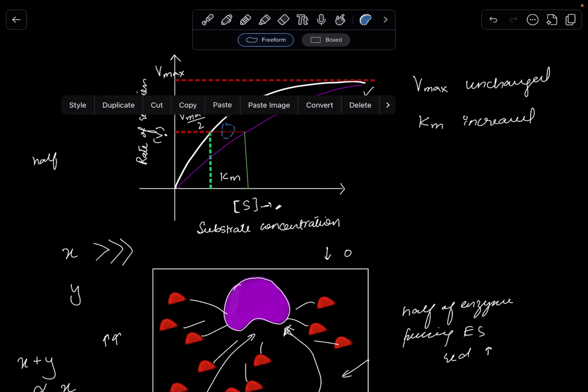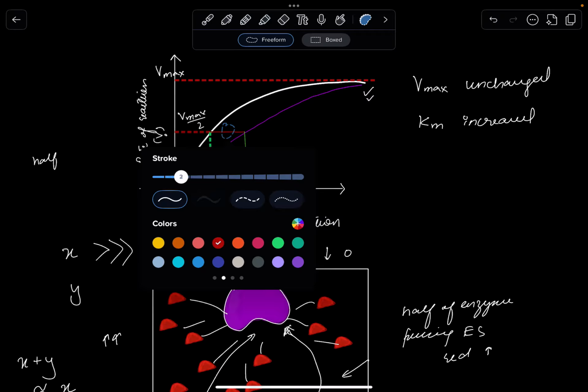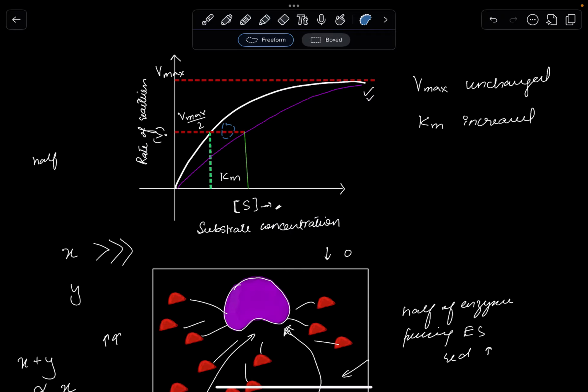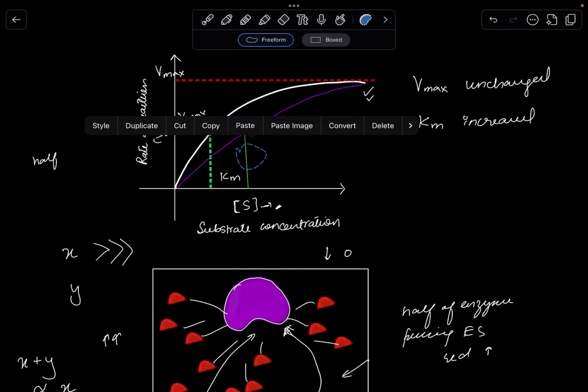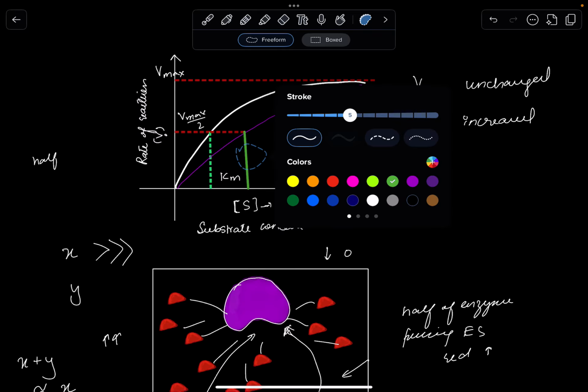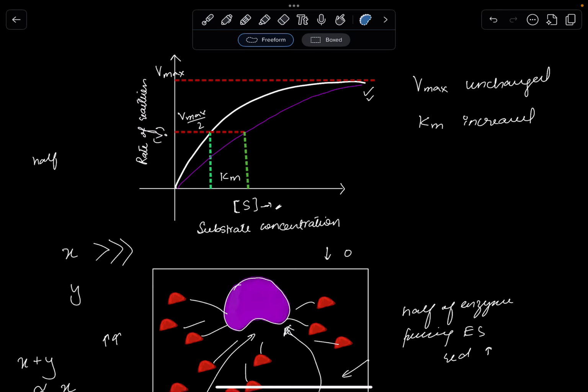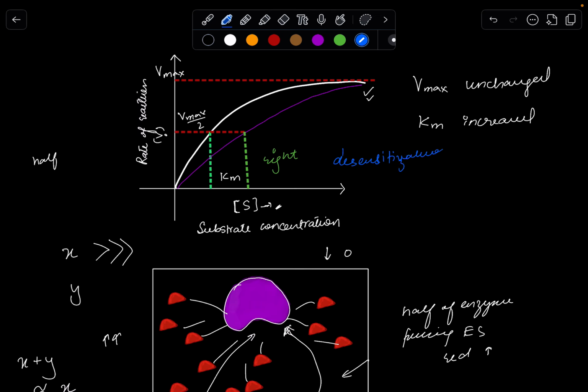The Km has moved to the right. And so this effect we call desensitization. Or, in other words, we can say that the system is repressed.